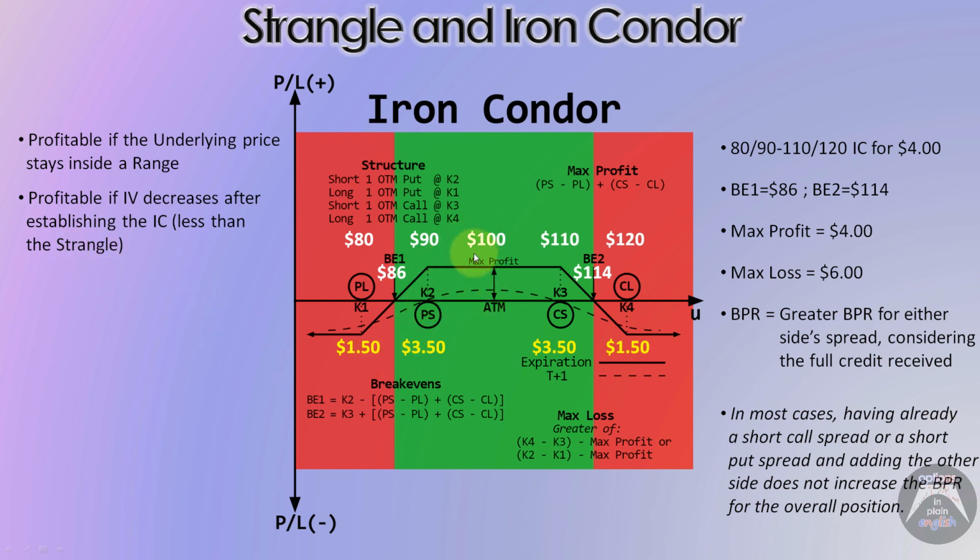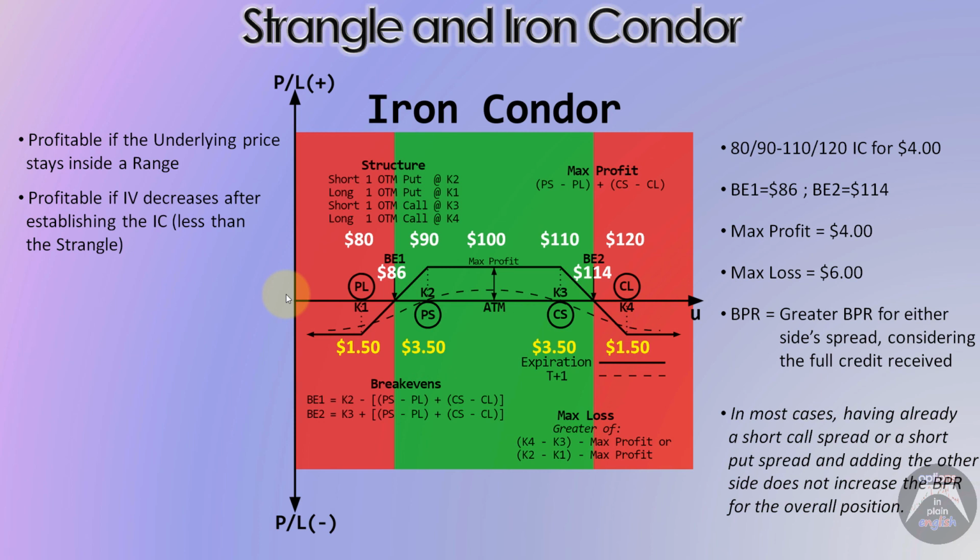Because even though IV decreasing is going to be beneficial to the position, you have both sides of the coin. You have short options that are benefiting from IV going down, and you have long options that are also affected, and they're going to be hurt by IV going down. So it's a combination of both that's going to affect your overall position.